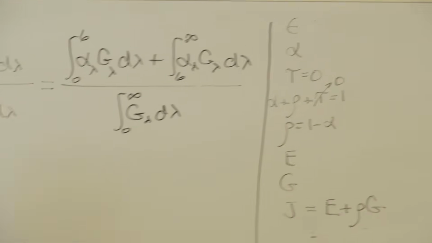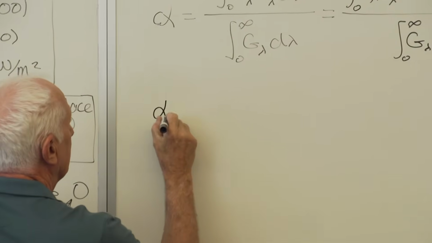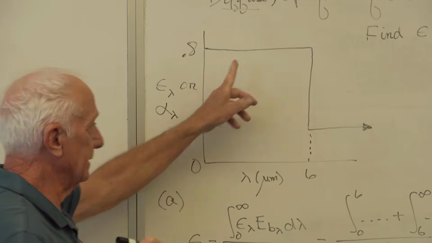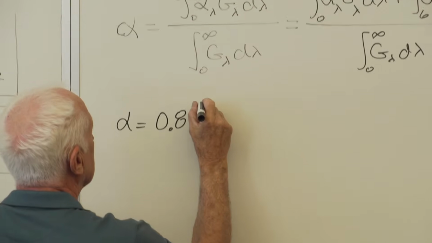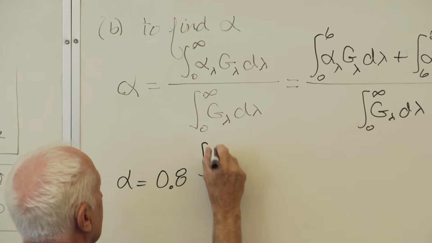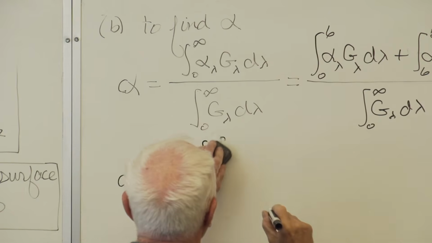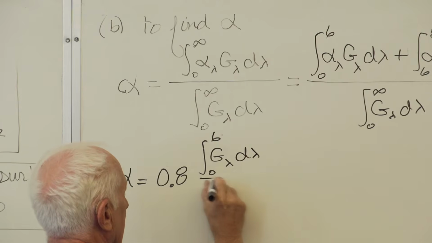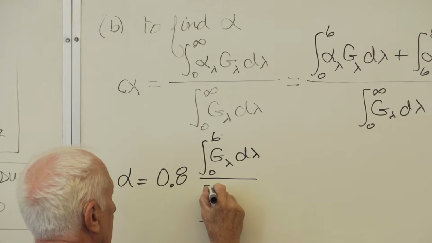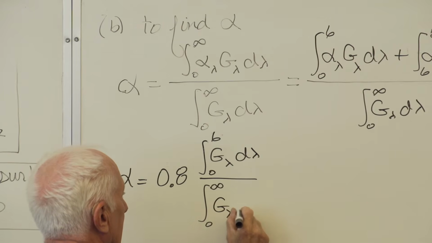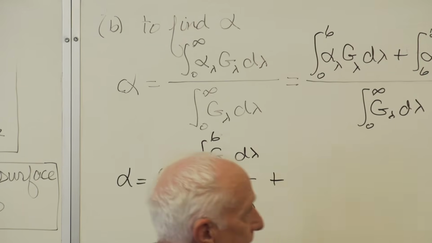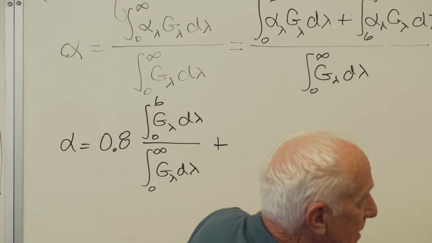Okay, let's do what it says now. Between 0 and 6, is alpha a constant? Yeah, it is. 8/10. Integral 0 to 6 g lambda d lambda, over 0 to infinity, plus between 6 and infinity, yeah, alpha lambda is constant, 0.3.